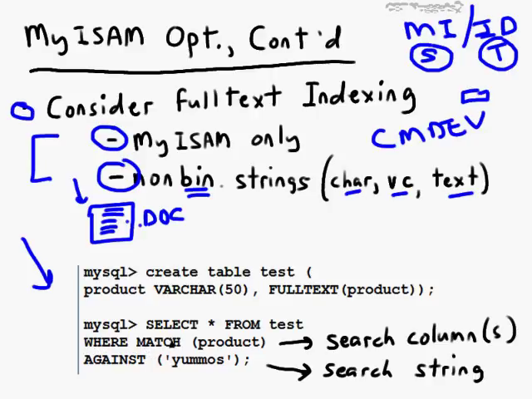In our where clause, we can invoke this match function where we pass in our search column or search columns. Of course, the match and the search column is going to map back to our product column in our test table. And then the against clause here is going to pass in a string that will be our search string.